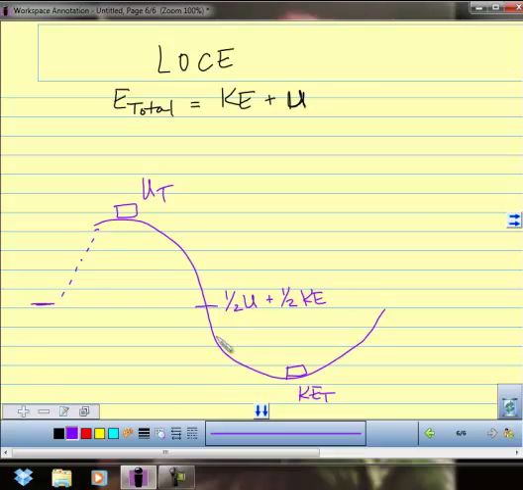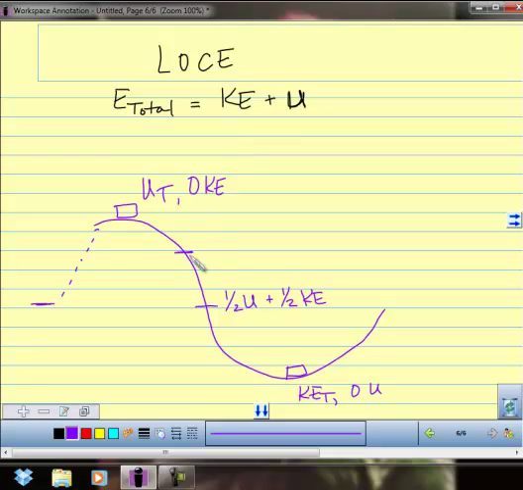So this is where the law of conservation actually shows itself the best. Here we have 0 kinetic energy, and here we have 0 potential energy. So total potential energy here would be the total energy, and total kinetic energy here would be the total energy. Now this happens all the way through.